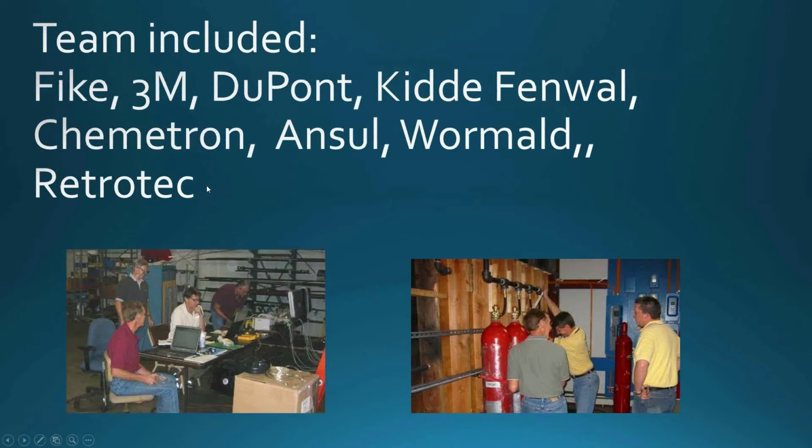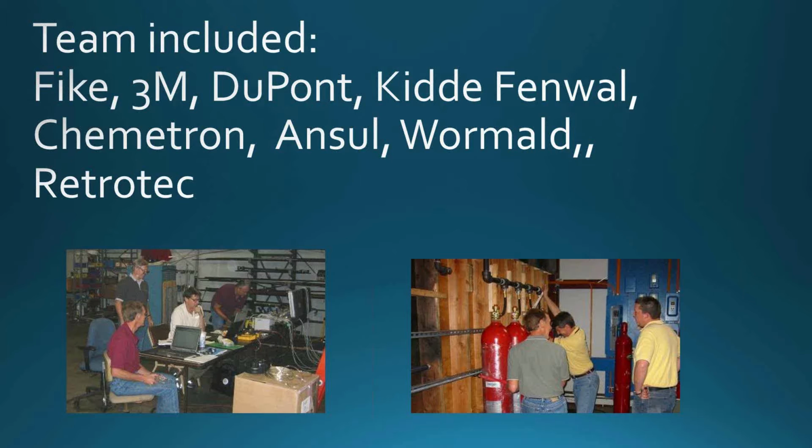So a lot of what we know about this was evolved over a period of about 5 years, 2 intensive years. We had a team of Fike, 3M, DuPont, Kidde, Chemetron, Ansul, Wormald, Retrotec that tested all of the inert agents and all of the halocarbon agents that are most commonly used in a test chamber and varied the leakage of the chamber and plotted the peak pressure that was generated.